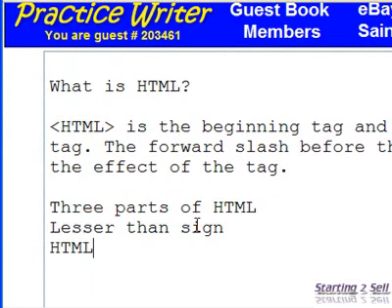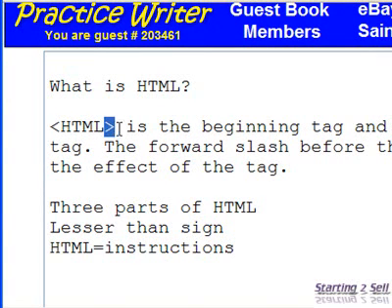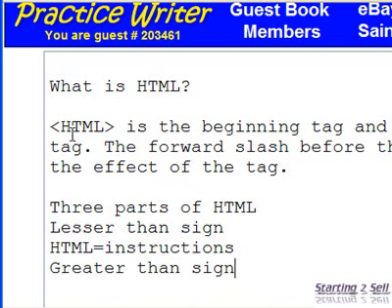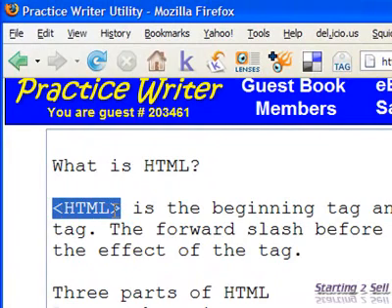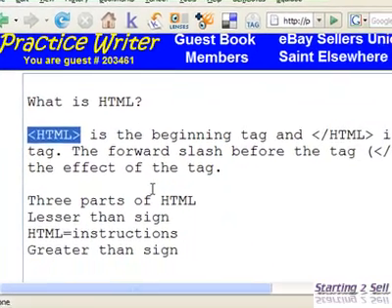So I will say HTML equals instructions. The third part is the greater than sign. That's what I call it. This whole thing makes up a tag. The whole thing is a tag. More specifically, this is the beginning tag or the opening tag of your HTML code.